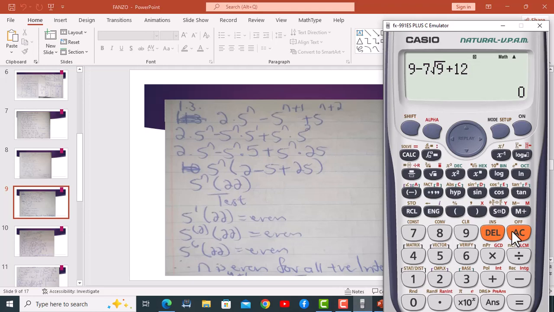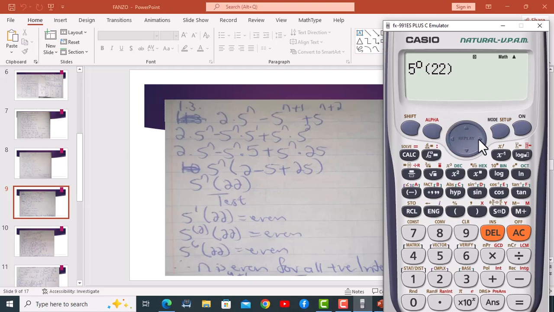So I just came in here and I just said 5 to the exponent. Let me take a 0 because 0 is also an integer and it's positive, and I get 22. Is this even? Yes, it is divisible by 2.